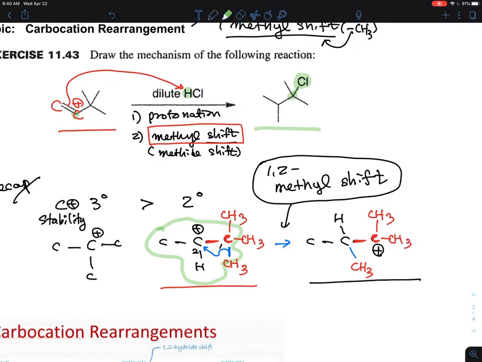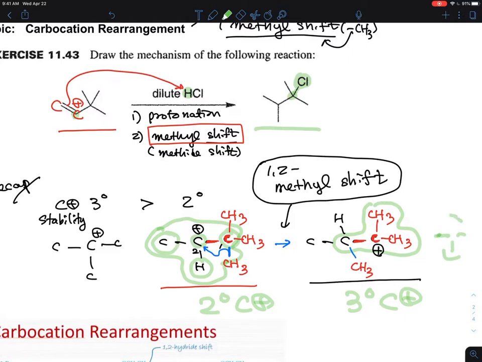Can you now see this one? What used to be the carbon, hydrogen, this is a secondary carbon. But now by doing the methyl shift, you are shifting the problem in a different way. What used to be the secondary carbocation now became a tertiary carbocation, and this is a happier scenario, right? So therefore, they like to do this, and they prefer to do that.